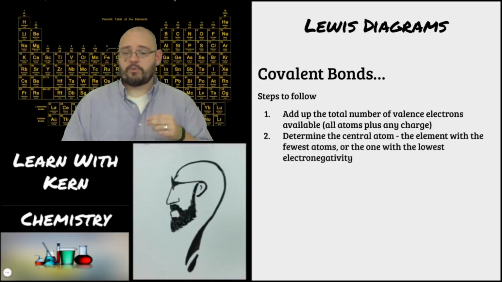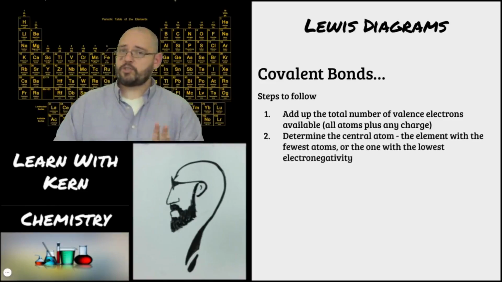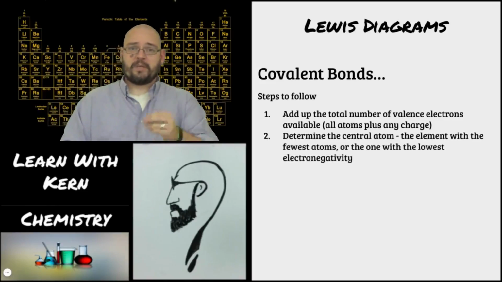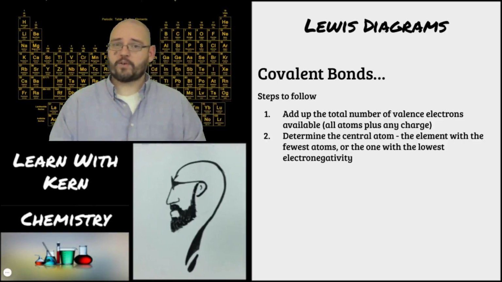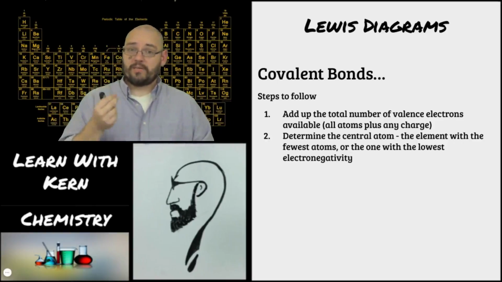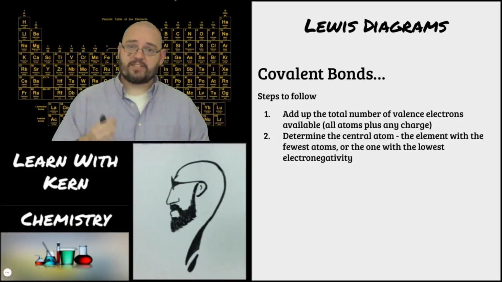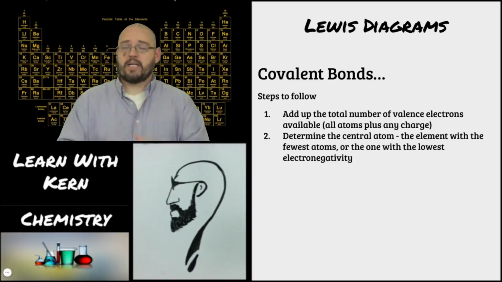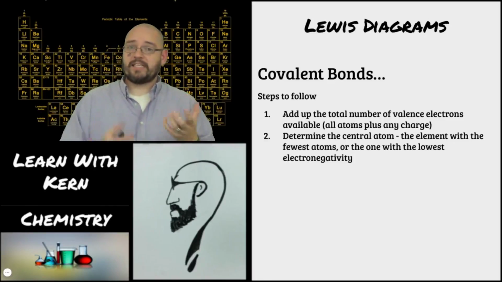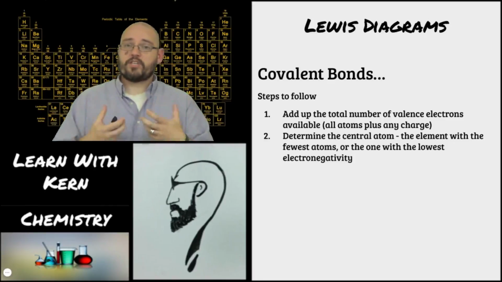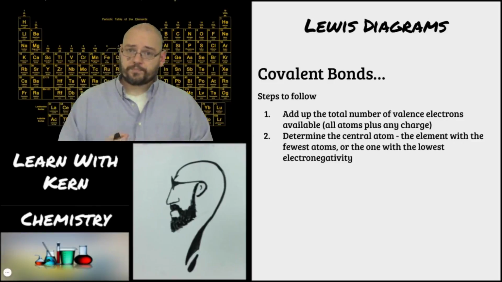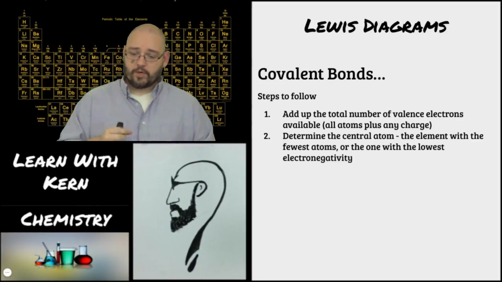Then you're going to have to determine what the central atom is. Now this is usually pretty easy. If you've got something like H3P, all right, there's only 1 phosphorus and there's 3 hydrogens. So H3P, you're going to use P, phosphorus, as the central atom. So whichever one there's the fewest number of, you would consider your central atom. If you only have 2 things like CO, carbon and oxygen, then the central atom would be the one that has the lower electronegativity.